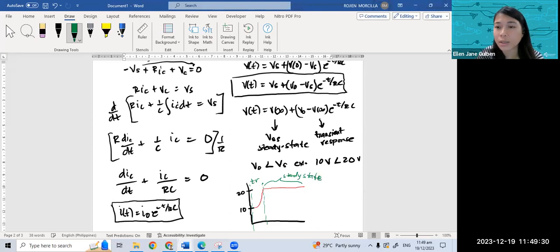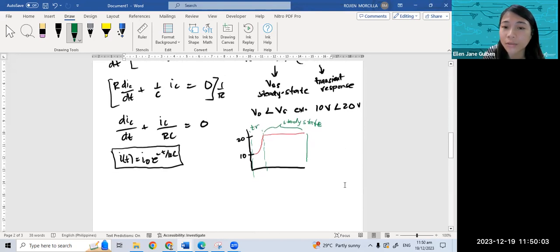Take note, class, that the capacitor achieves steady state due to the fact that if there's no changing voltage, IC is equal to C dV/dt, so the capacitor becomes open. Once there's no changing voltage, that is its steady state. It will be constantly 20 volts on an open capacitor.